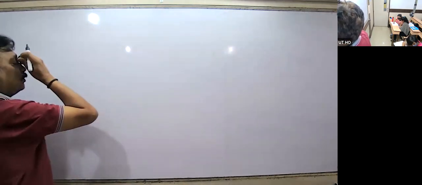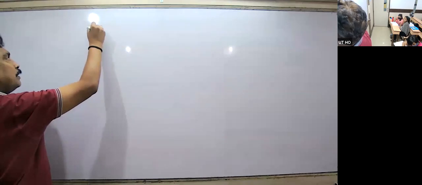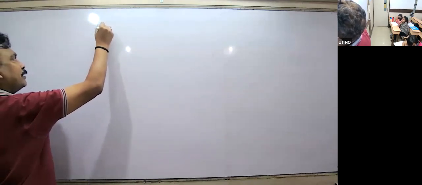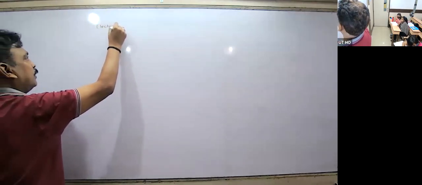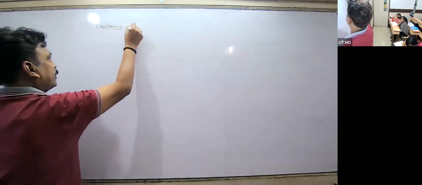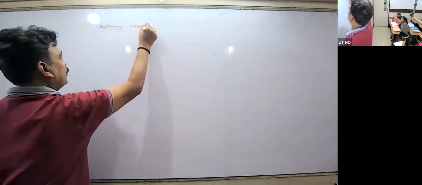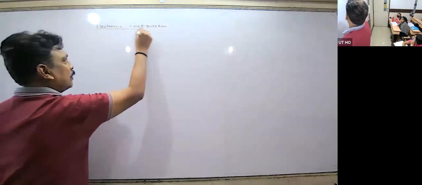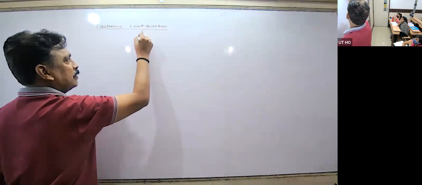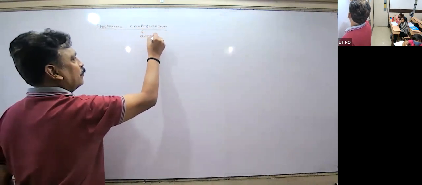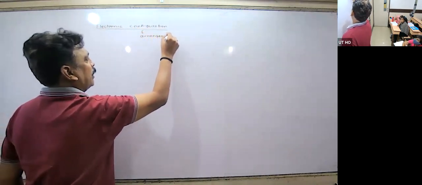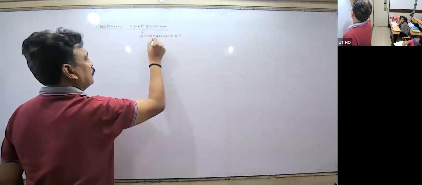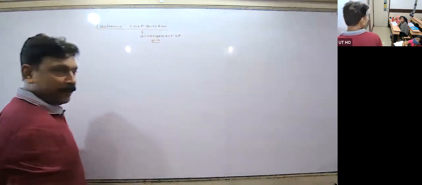Now, so let us understand, for example, the electronic configuration of these atoms on the basis of Bohr's theory. Electronic configuration. ध्यान से देखो. Now, what is the meaning of electronic configuration? Electronic configuration का मतलब है configuration में नहीं arrangement of electrons in the various orbits.